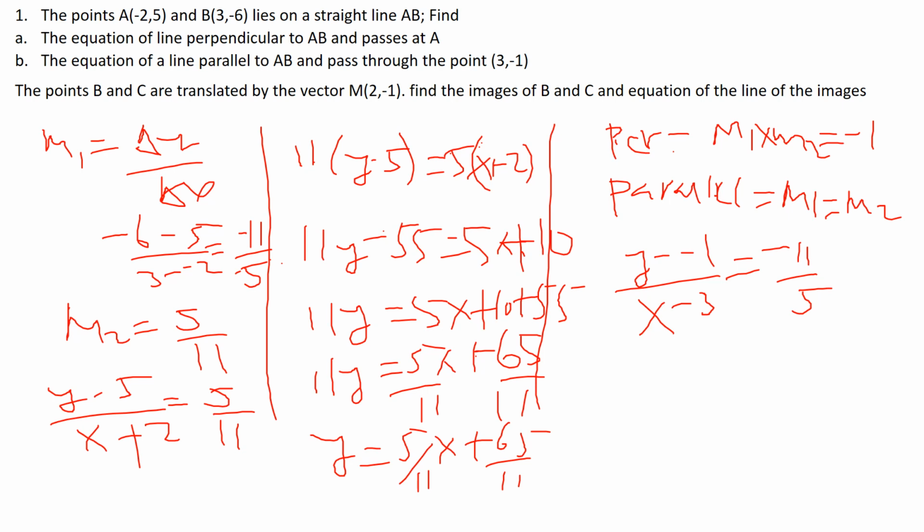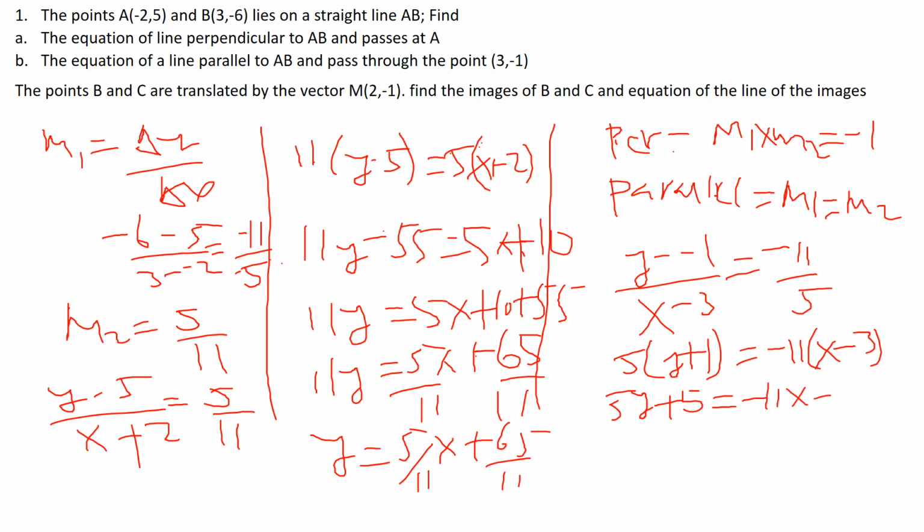Then from there we can cross multiply, so that we have 5 multiplied by y plus 1. Remember, minus and a minus will always result in a plus. Then we have negative 11 times x minus 3. So in this case we are going to have 5y plus 5 equals negative 11x plus 33, because of the negative 11, of course. Then we can put the equation in that form.